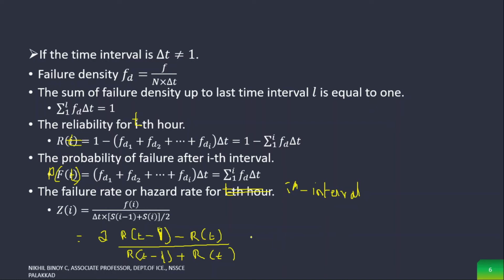If delta t is not equal to 1, then instead of 1, why is it 1? Because delta t equal to 1. If delta t is not equal to 1, we have to replace this 1 with delta t.